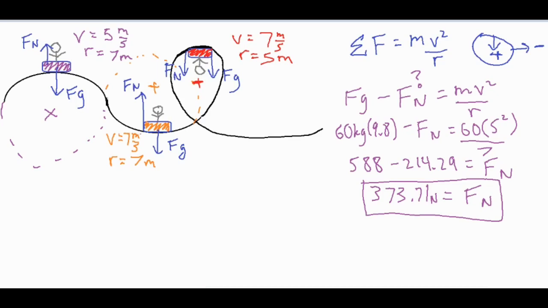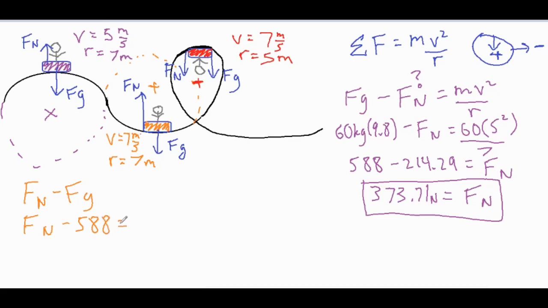Now, the big difference between the first situation and the second one is now if you look at the center of your circle, your Fn is pointing inward towards the center of the circle, and your Fg is pointing away. So your Fn is your positive force, and your Fg is your negative force. So for this one, we know that our Fn is our unknown. Our Fg is still 60 times 9.8.